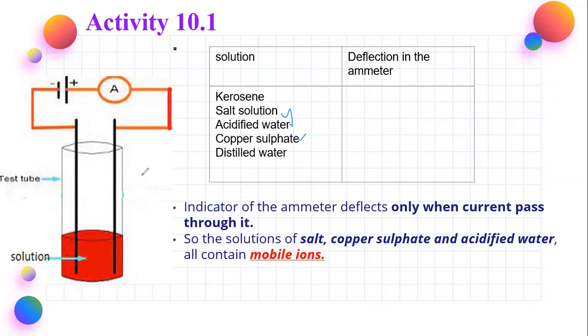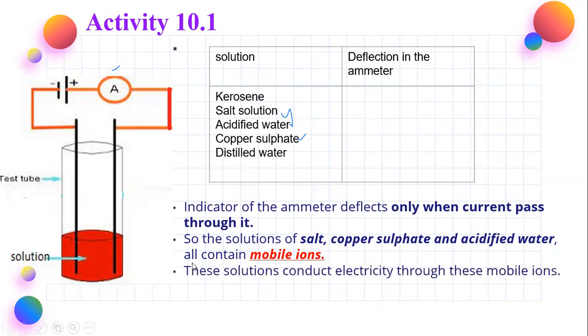So when you put the liquid in and connect the circuit, you can see there will be a deflection in the ammeter. So you can see those three liquids conduct current. But kerosene and distilled water don't have mobile ions, so they won't conduct electricity.